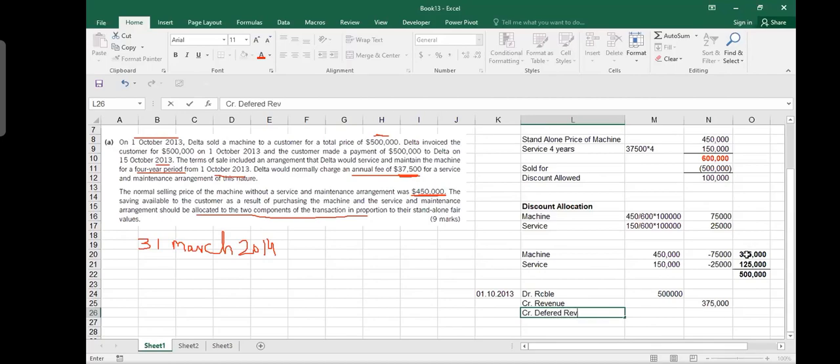Deferred revenue means advance revenue, advance income, and that is your liability. So this is what we are putting.